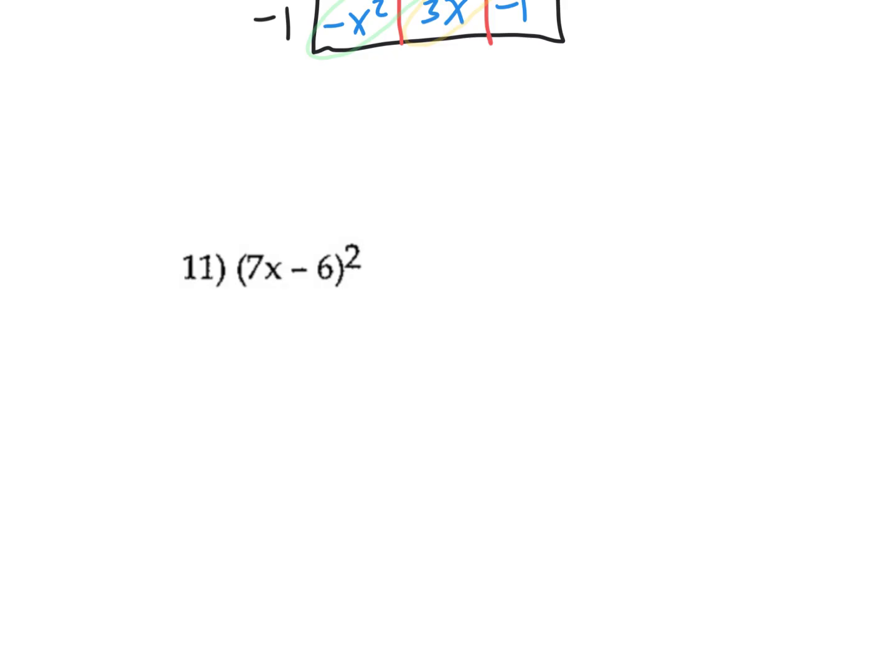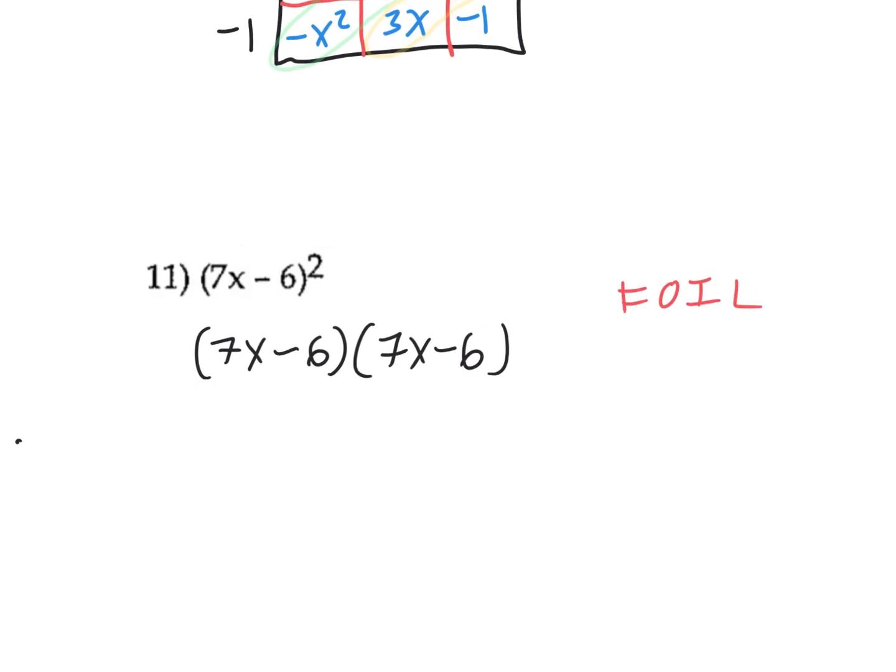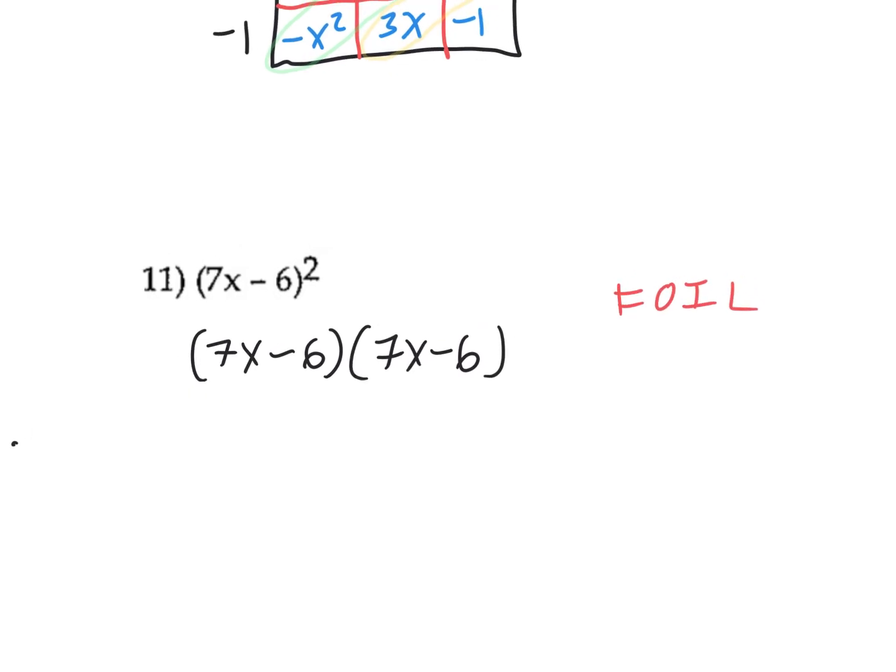And the reality is this is just 7x minus 6 times another 7x minus 6. And then hopefully my student watching remembers that that's just a FOIL situation, right? Now, what does the F in FOIL mean? The F in FOIL means first times first. So 7x times 7x is 49x squared.